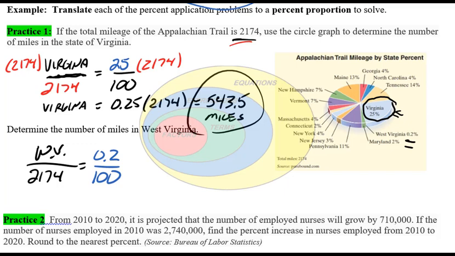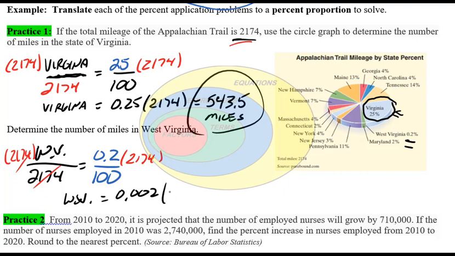So to solve this, again, we'll just multiply both sides by 2174. On the left side it'll cancel, and then 2174 here. So West Virginia would equal 0.2 divided by 100, which is 0.002, moving the decimal place to the left twice.